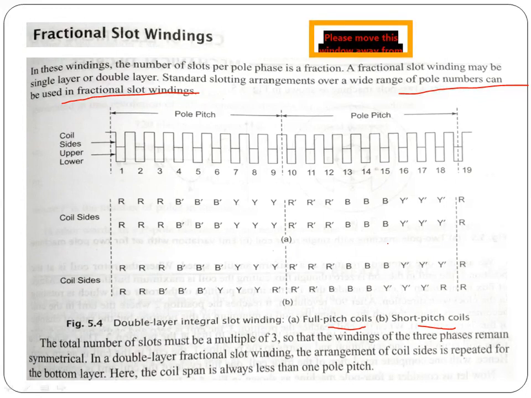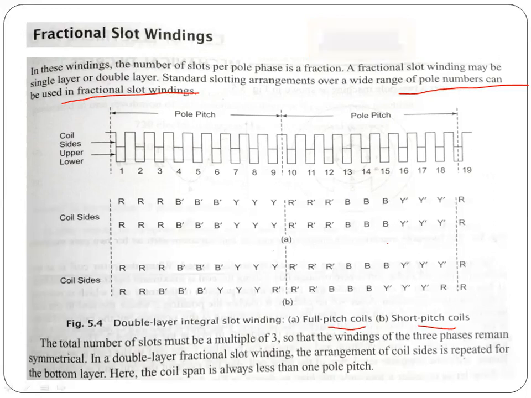Here we have made the coil side in the upper layer of R, number 2 also belongs to R, and number 3 also belongs to R, and 4, 5, 6 belong to B dash, 7, 8, 9 belong to Y, and 10, 11, 12 belong to R dash, 13, 14, 15 belong to B, and 16, 17, 18 belong to Y dash.